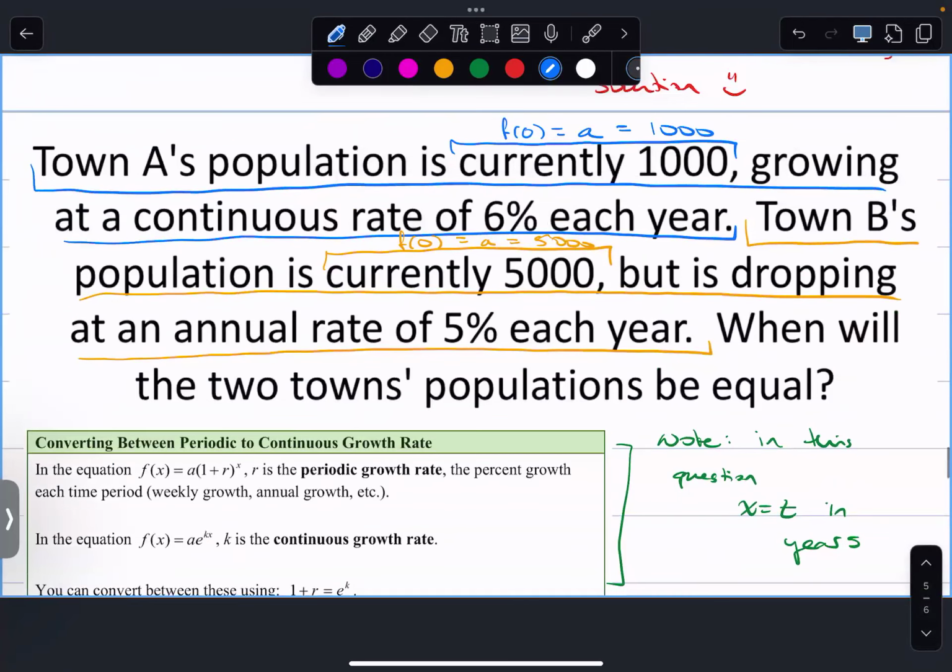And it's growing at a continuous rate of 6% or 0.06. So I'm going to leave it at 0.06 because I don't have to make it decreasing. If it was decreasing, it would be negative.